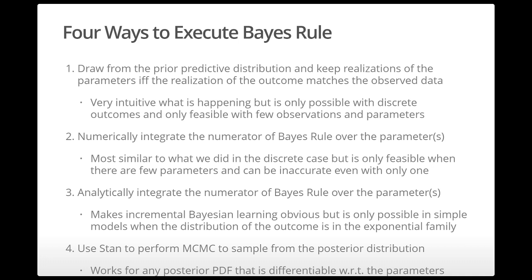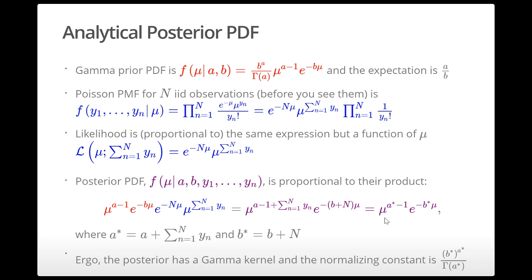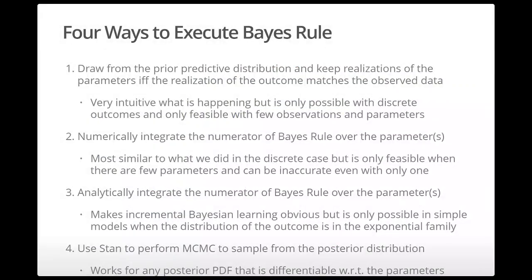There are a handful, maybe 20 or so, cases where we can say the prior is naturally conjugate with the likelihood, in which we can get an analytical result for the posterior distribution of the parameters. This form is good because it illustrates the idea that Bayesian updating is incremental. There will always be some a star and b star that depends on the data and n. And so it makes it clear that you could update your beliefs one data point at a time, or all n, or in 2 batches or something like that.